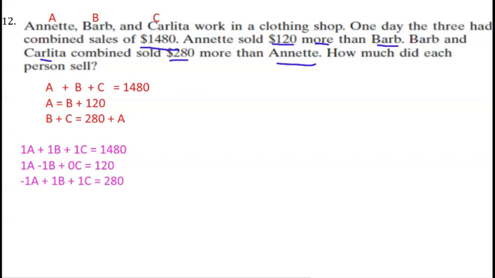So to write this as a matrix, we'll have 1, 1, 1, 1,480, and then 1, -1, 0, 120, and then -1, 1, 1, and 280.